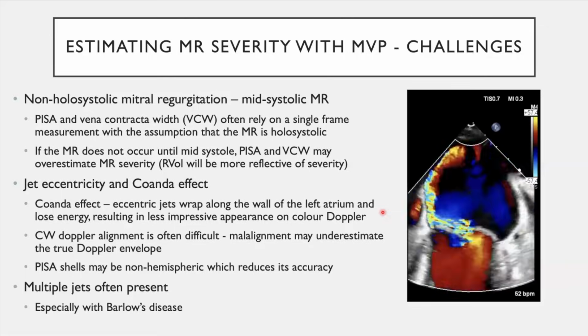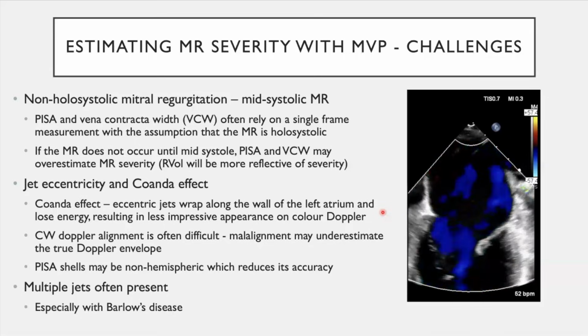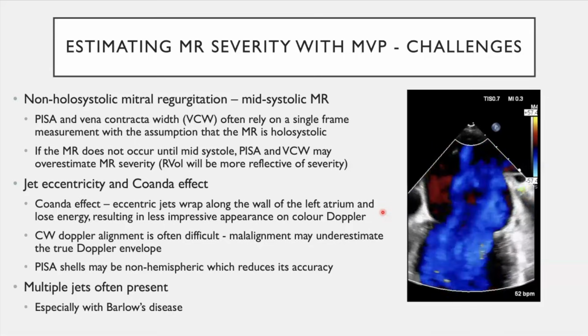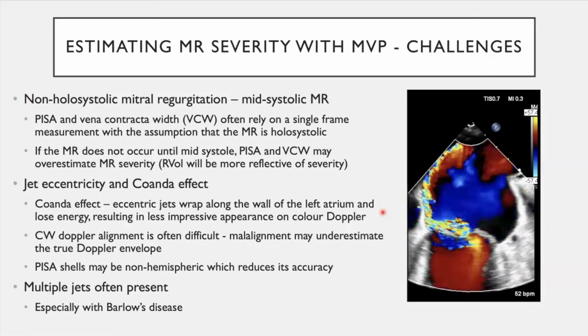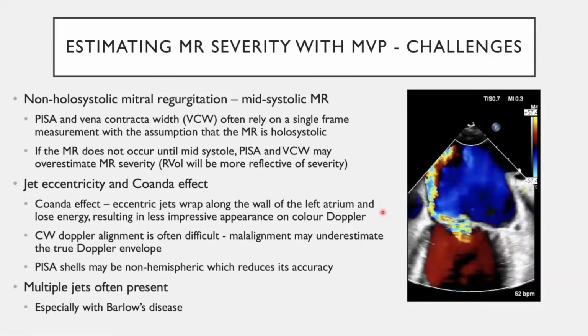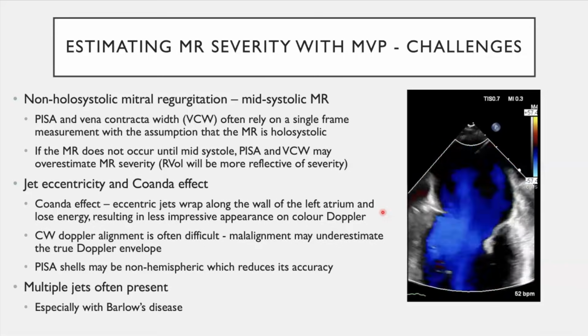However, we can somewhat get around this by using regurgitant volume, which uses the VTI, or velocity time integral, of the mitral regurgitation jet, which is more reflective of the duration of mitral regurgitation. Another challenge is that the jets are often very eccentric, and you can get something called the Coanda effect.